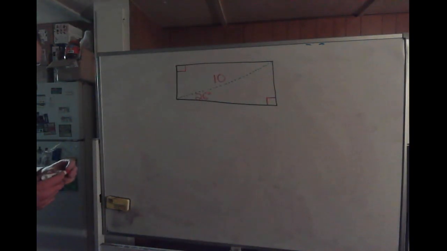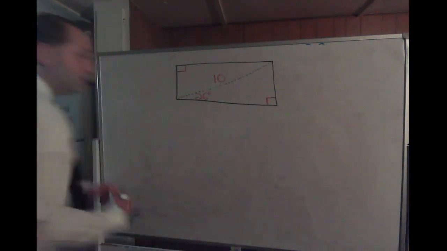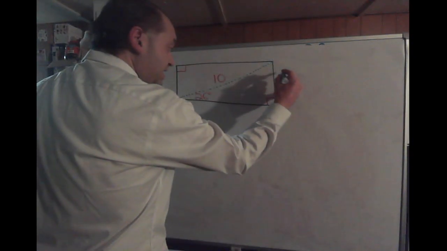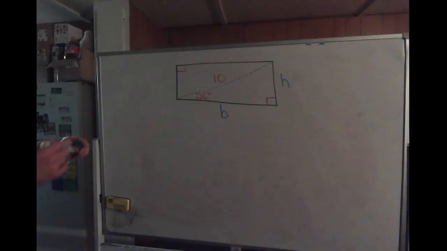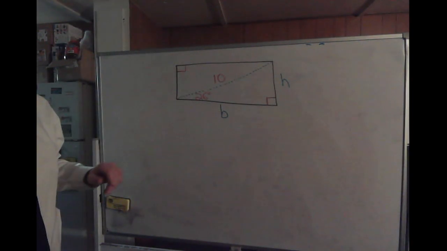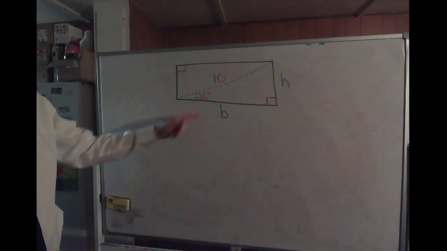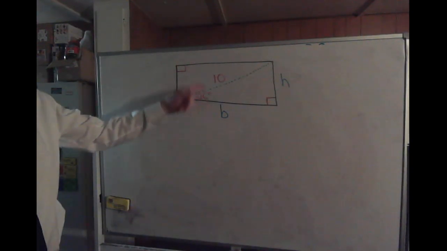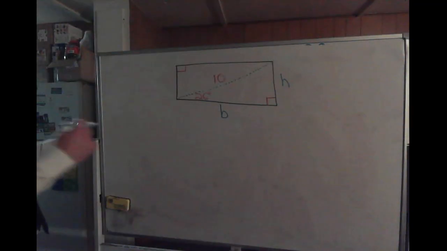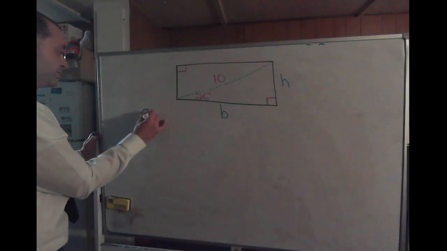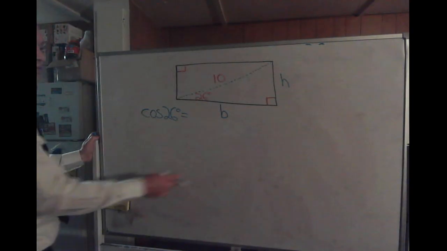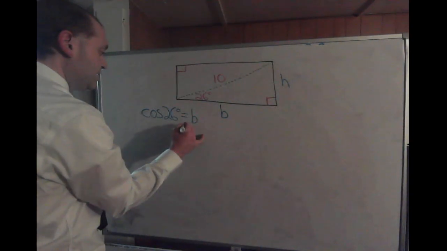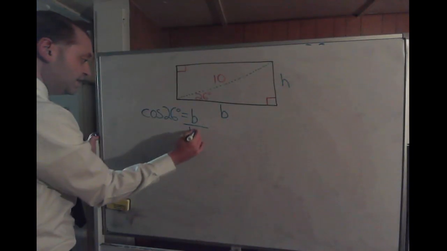So what we'll do, like we always do, we'll call the height h, and we'll call the length of the base b. Let's go ahead and solve for the base. Well, you know the length of the hypotenuse, right? If you have an adjacent leg and the hypotenuse, what is that? That's the cosine ratio. So you're going to set up your cosine ratio: cosine of 26 degrees is equal to the adjacent leg, which has a length of b, over the hypotenuse, 10.